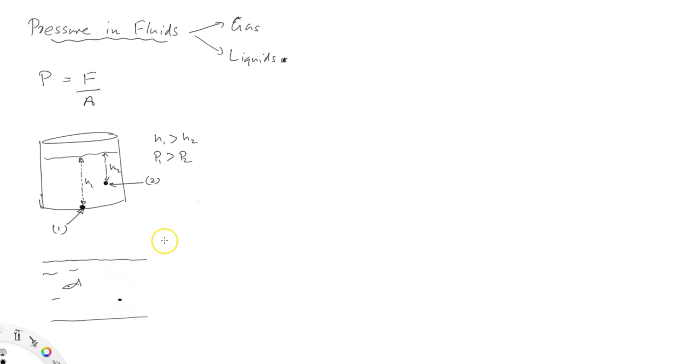The liquid pressure of a liquid is given by a simple equation: the height, the density, the gravity, right? So this is the height of the liquid column, the density of the liquid given by rho, and g is the gravity. So liquid pressure is given by the H rho g equation.